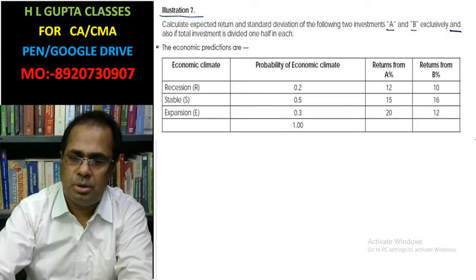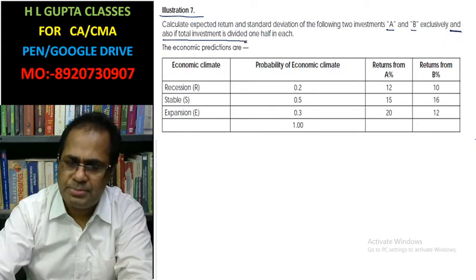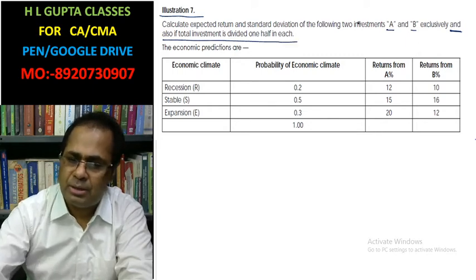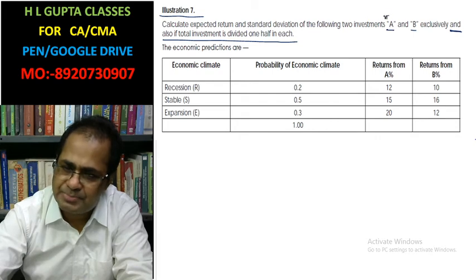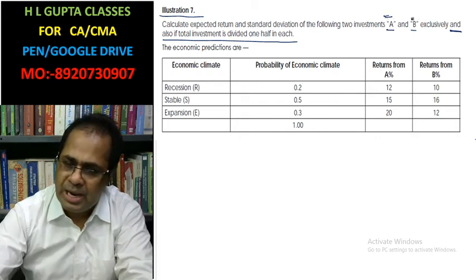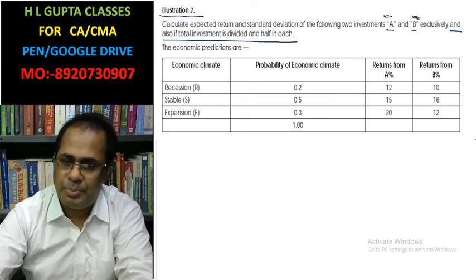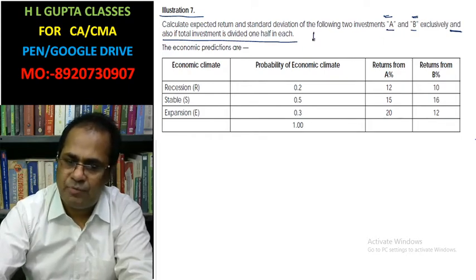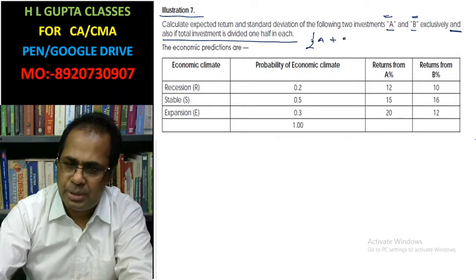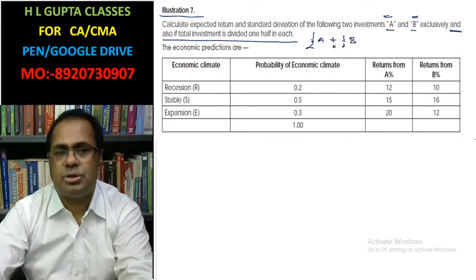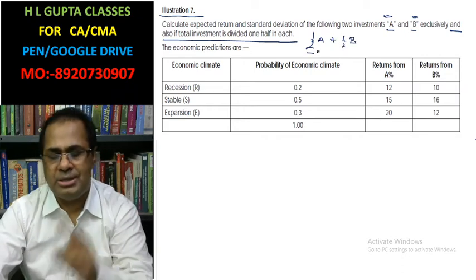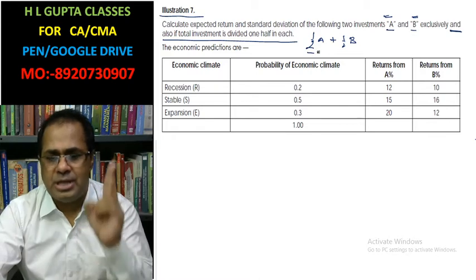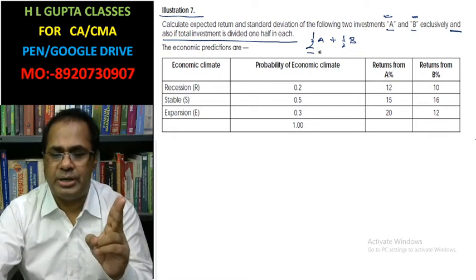And also if total investment is divided one half of each, you have to calculate the standard deviation and expected return of A, the standard deviation and expected return of B, and the standard deviation and expected return of half of A plus half of B. Okay, it means 3 standard deviations and 3 expected returns you need to calculate.